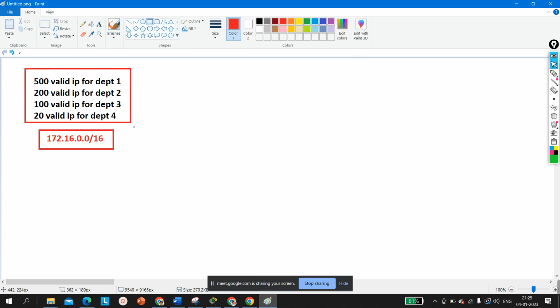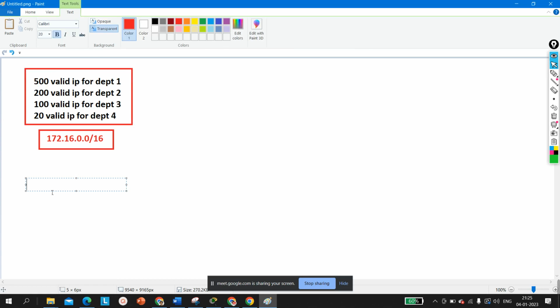This one is my requirement. Now the question is, tell me the network ID of all subnetworks with subnet mask.